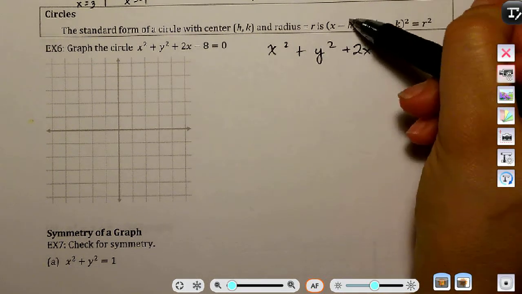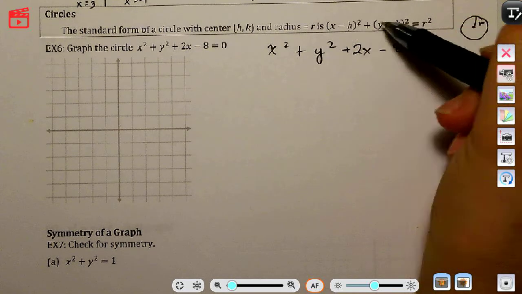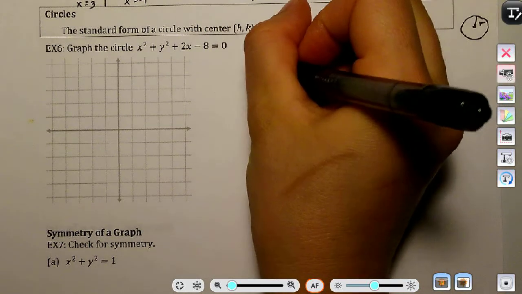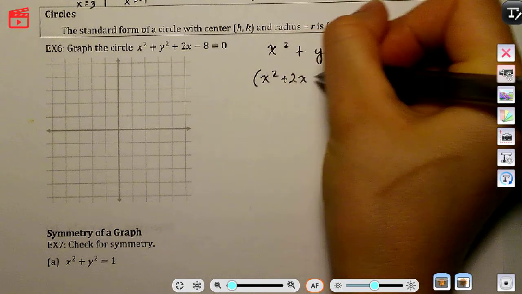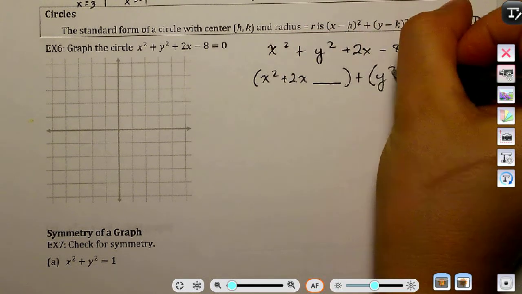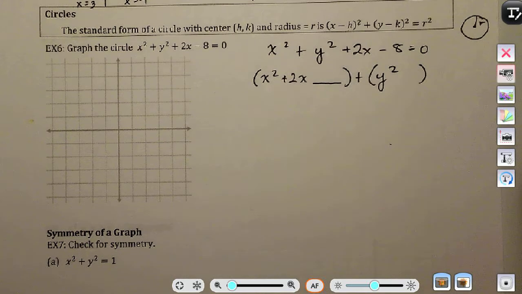Now notice the form has our x value squared plus our y value squared. This looks similar to completing the square. So what I'm going to do is get my x values together, plus 2x, leave space for the perfect square number, plus my y values together, oh, there's only one. And then move the 8 to the other side.